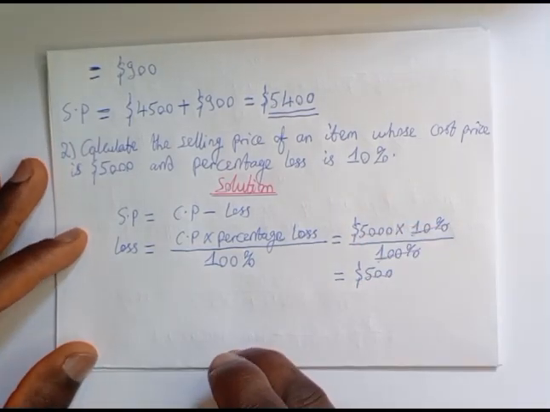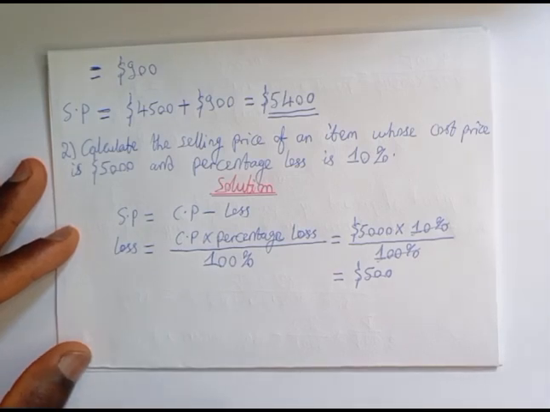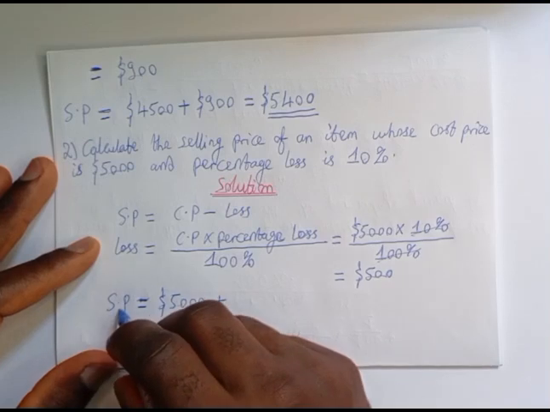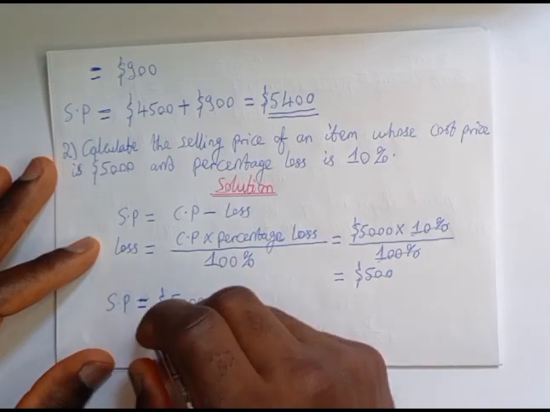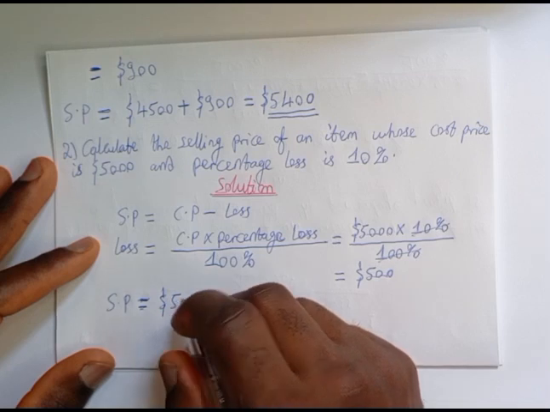$500 is the loss made after selling the item. Now we can proceed to find the selling price of the item. To find the selling price, we take the cost price of the item, which is $5,000.